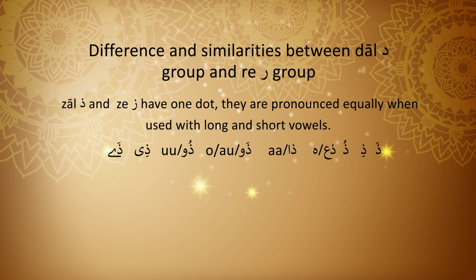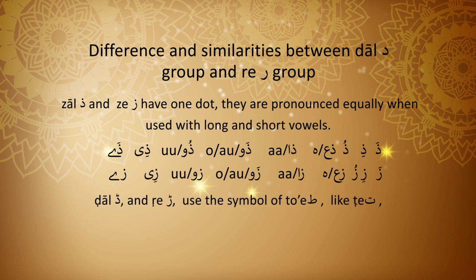There is not any difference between these when they are pronounced. So we say they are pronounced equally when used with long and short vowels. This is another similarity between Zal and Z, or between Dal group and Ray group.